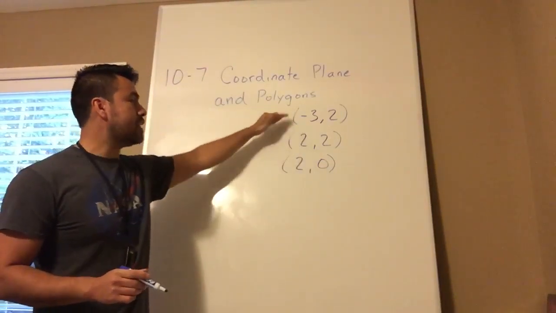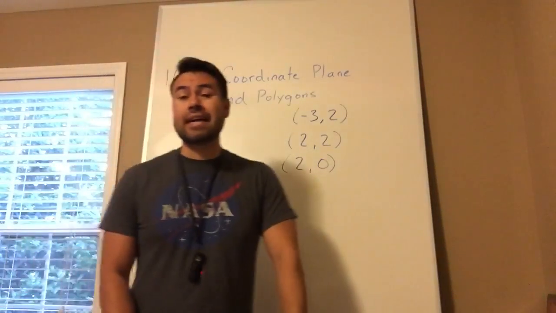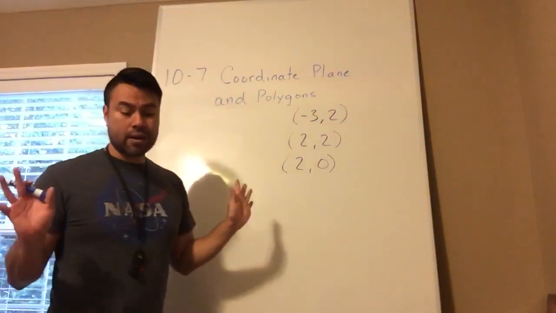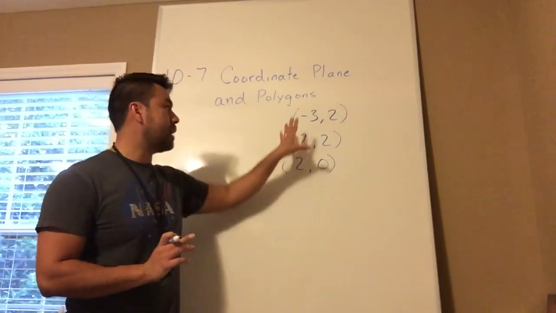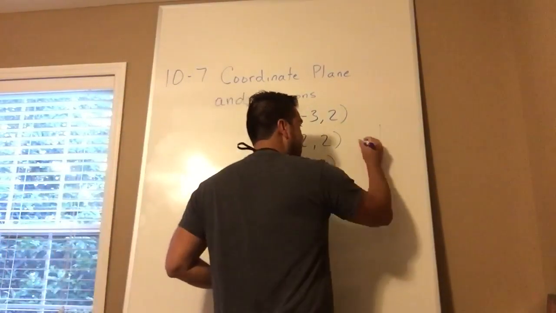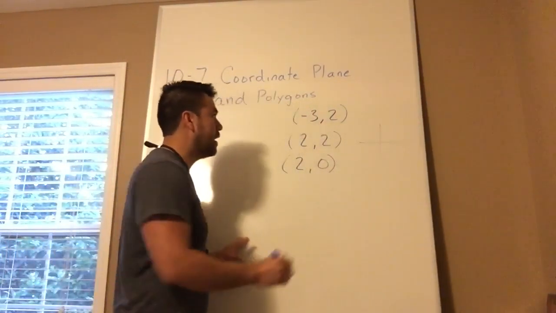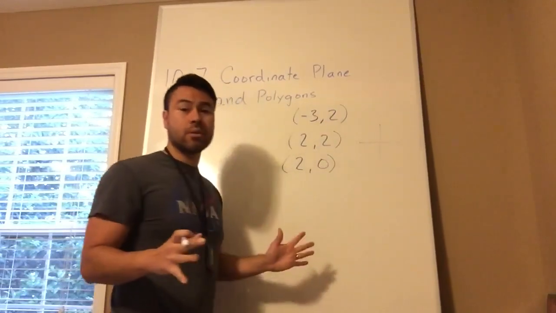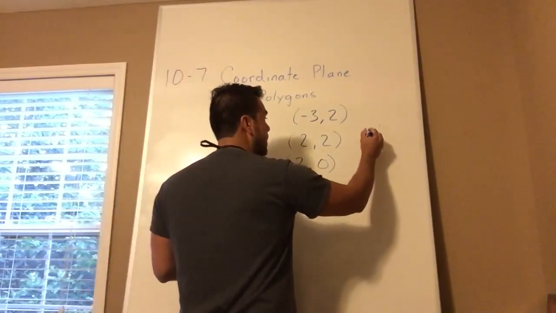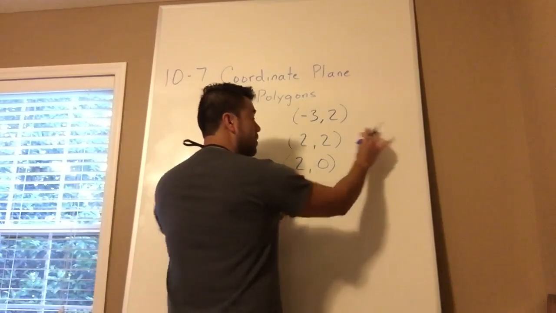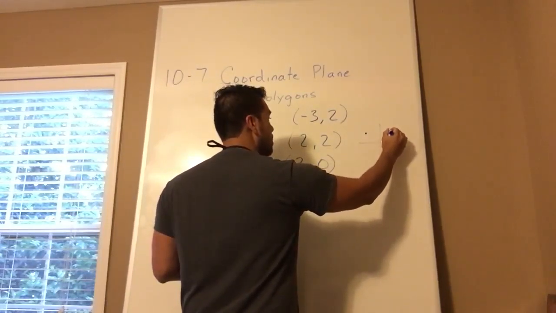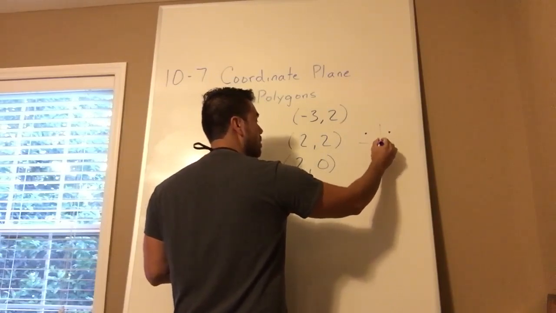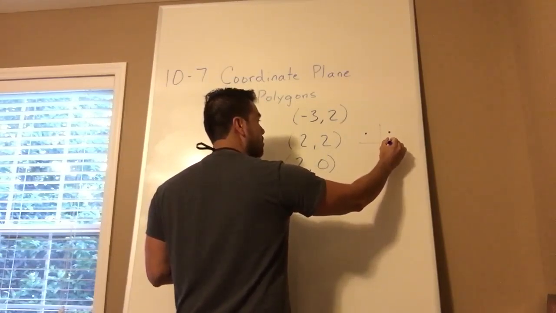But if these are the vertices, I need to know the side lengths. And one thing I'll recommend here, because you won't have a ton of problems on this, but you'll have a few, is maybe sketch it out. You don't have to make it perfect, but I just draw a little coordinate plane, and then I put these approximately where they go. So negative 3, 2, and I'm not even drawing the tick marks. 2, 2, and 2, 0.